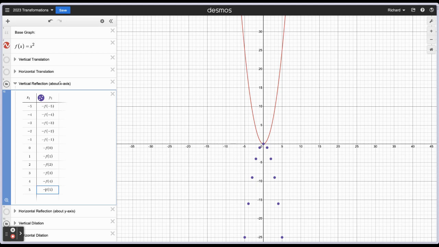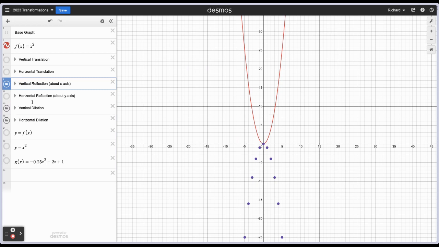So we say reflecting about the x-axis, like so. Where it hits the mirror surface, which is 0, 0, it hasn't changed at all. But what used to be -5 squared equals 25 is now -5 squared is 25, but make the coordinate negative, so it's now -25, and so on. Okay, so that's how that works.